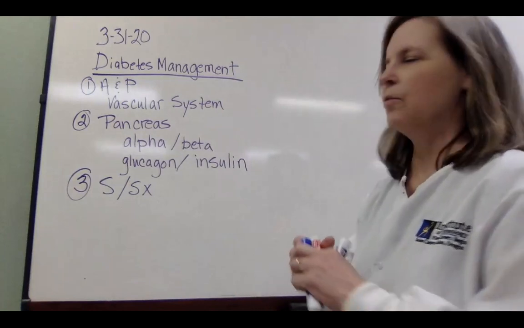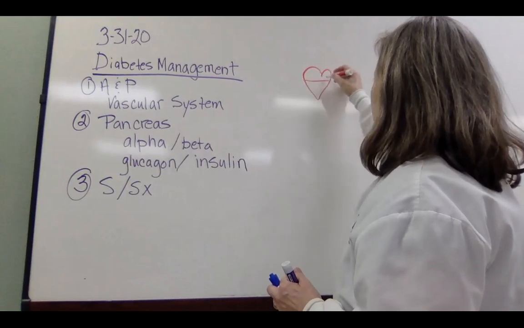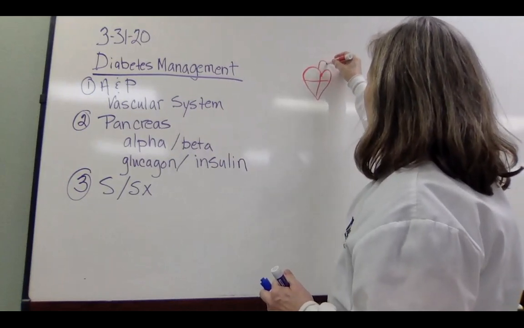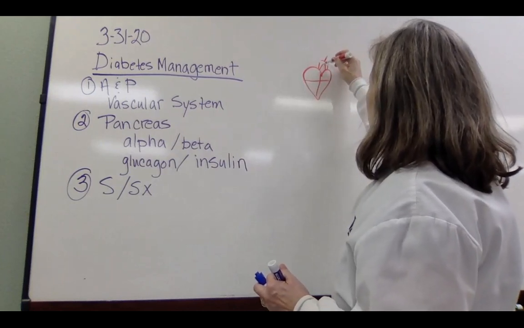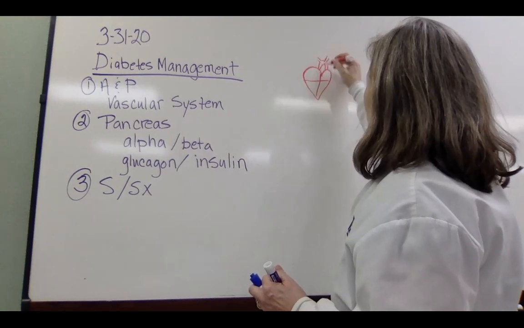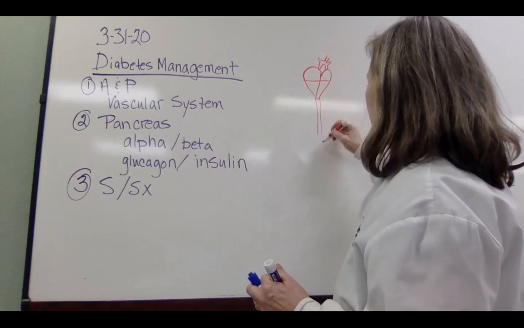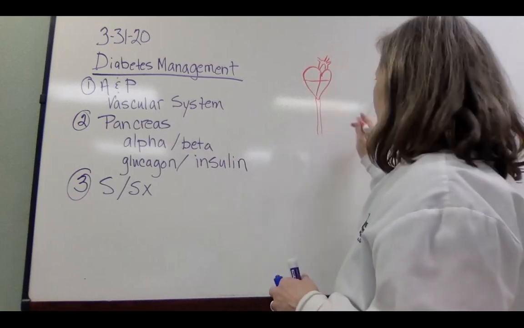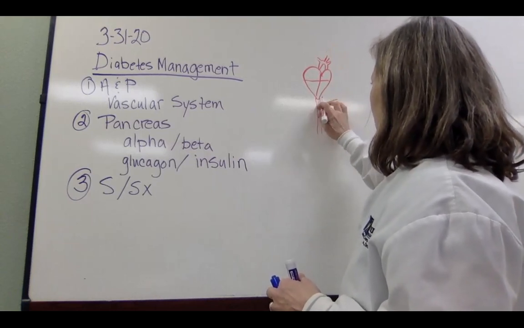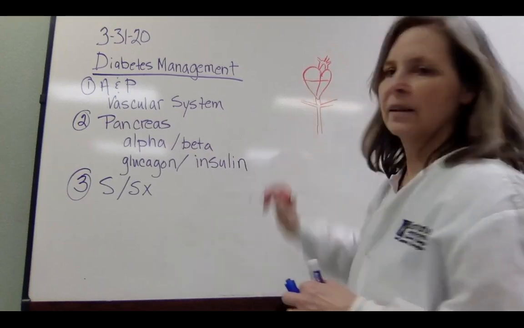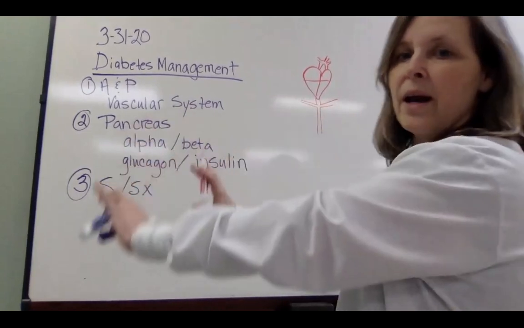If I'm coming from the heart, I've got this big giant vessel that comes up from the back of the heart and distributes blood to the body, and then comes back down behind the heart and down through the abdomen, and then takes off with all of these arteries to all structures in the body, right? These are arteries, and arteries go away from the heart.